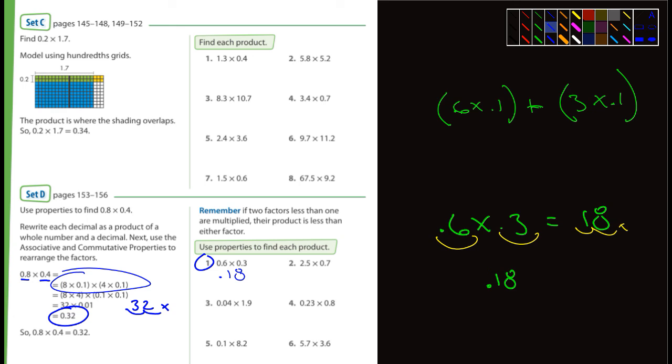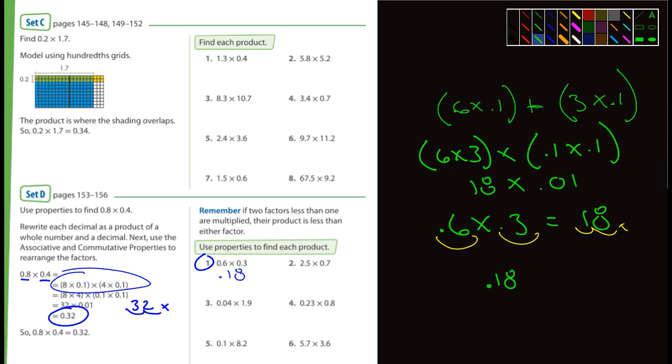That would look like this, simply 6 times 3 times 0.1 times 0.1. And 6 times 3 is 18. 18 times 0.01. And so the decimal goes 2 places over, and you start here, 2 places over, you end up with 0.18.